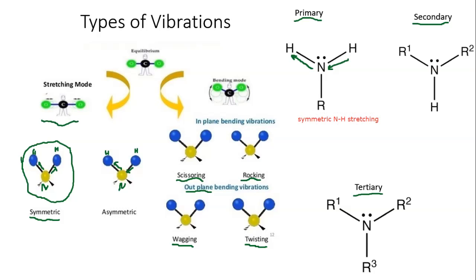It's kind of like those three hanging metal spheres: you take one, it comes in and hits the others, and as it's coming in, the other one's going out, and they tic-tac back and forth. So when one bond is stretching and the other is compressing, like a spring, that's called asymmetric NH stretching.